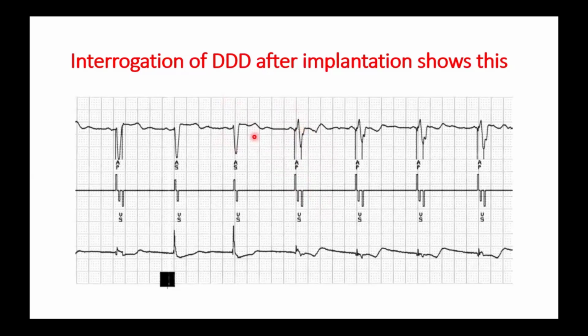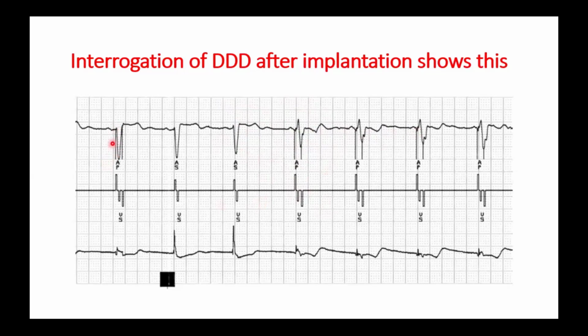Here the morphology is different from here. Some sort of fusion beat occurs. And this is ventricular safety pacing actually. The clue is that the atrium is actually sensing the ventricle and it captures the ventricle. So it's actually in the ventricle.